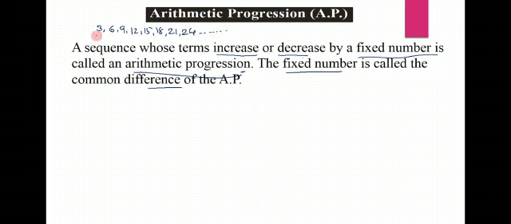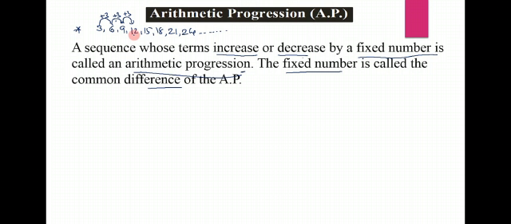This is the best example of an arithmetic progression. Why? Because it is a sequence whose terms are obtained by increasing by a fixed number. Here, if you add 3 to the first term, you will get the second term, adding 3 to the second term you will get the third term, and adding 3 to the third term you will get the fourth term. Likewise, the terms are obtained by adding a fixed number or subtracting a fixed number.